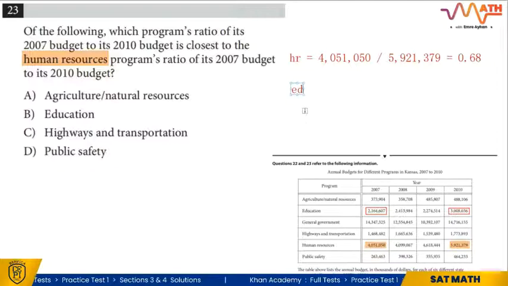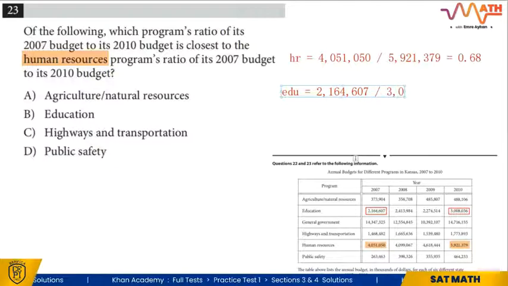So let's try education. In 2007 it is 2,164,607 divided by 3,008,036.